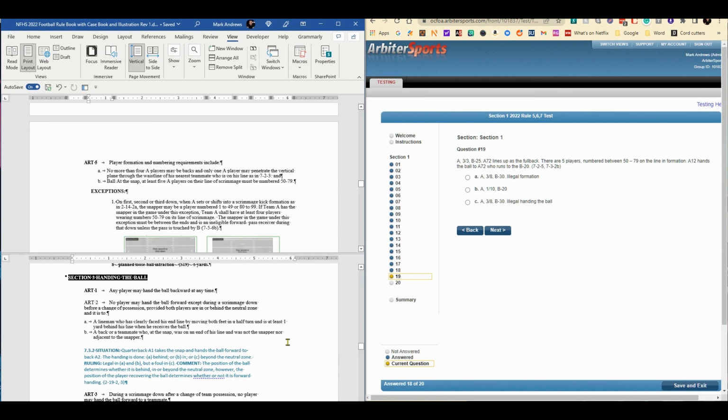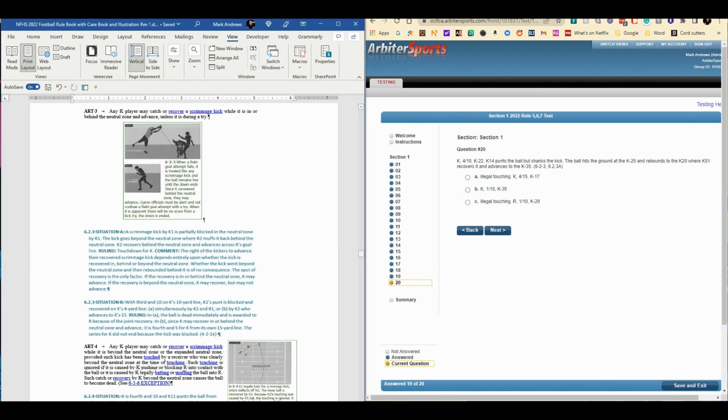So basically it's saying that a legal forward handing is legal behind the line of scrimmage to any back, and then the other rule reference is simply the formation requirement, which is at the snap at least 5 players on their line must be numbered 50 through 79. They stated that they had that, so this whole play is legal. So we're going to have A 1st and 10 at the B20.